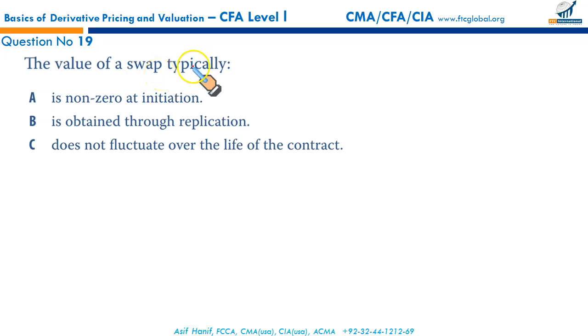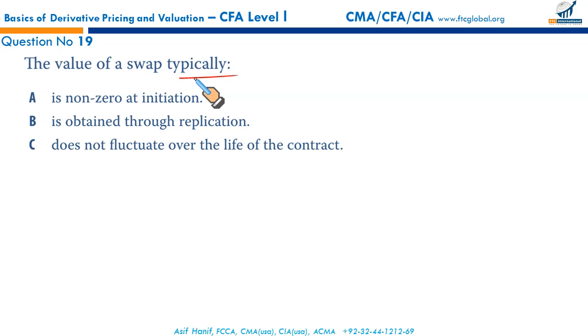Next, the value of a swap typically is non-zero at initiation, is obtained through replication, and does not fluctuate over the life of the contract. Let us discuss. Valuation of swap during its life is what attracts replication, and that's where you make use of arbitrage.